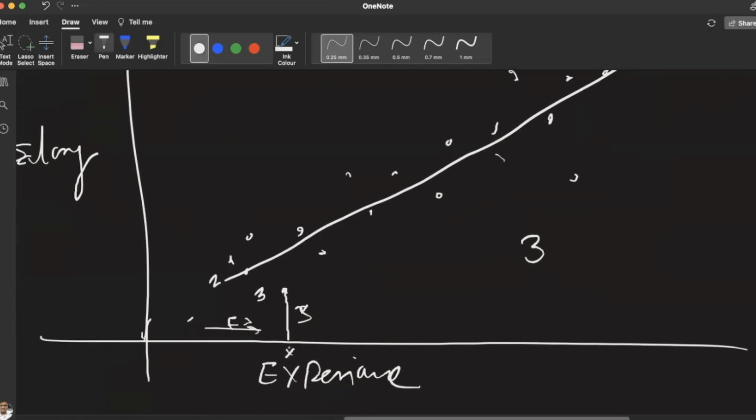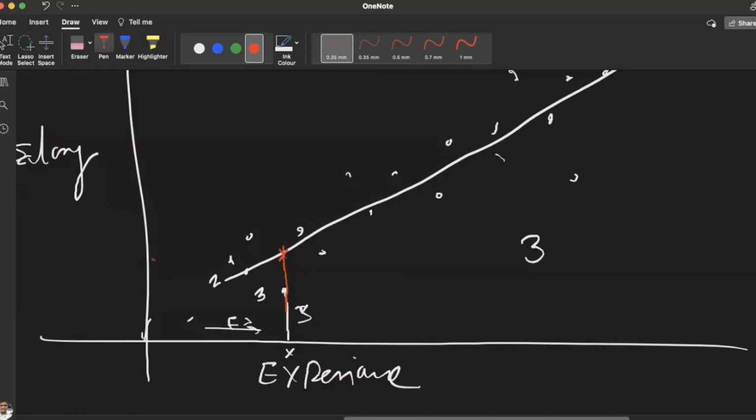This is the x value, let's say. If you simply draw a perpendicular line on this axis, let's say like this, this is where it will cross the line. It will be the corresponding salary.